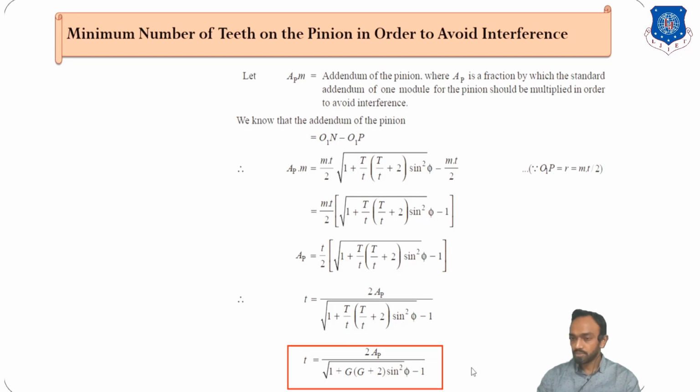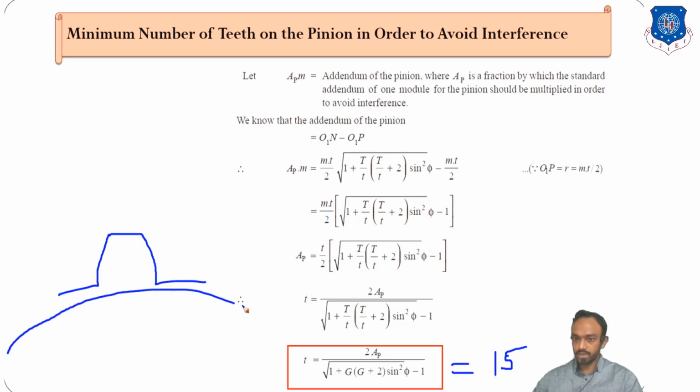What will happen if we decrease the number of teeth? As per this equation, if we find 15, and for 15 teeth the size is this, because on that radius 15 is the minimum number of teeth required to avoid the interference.